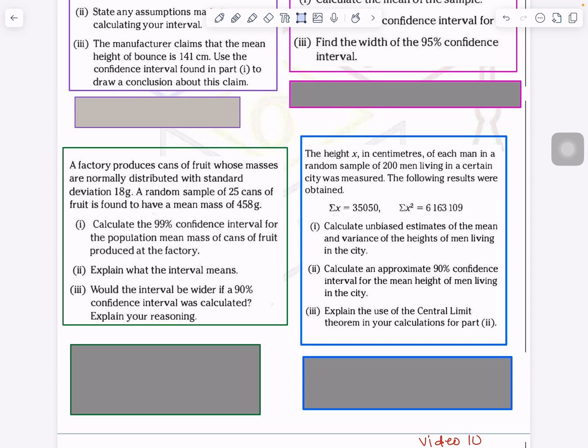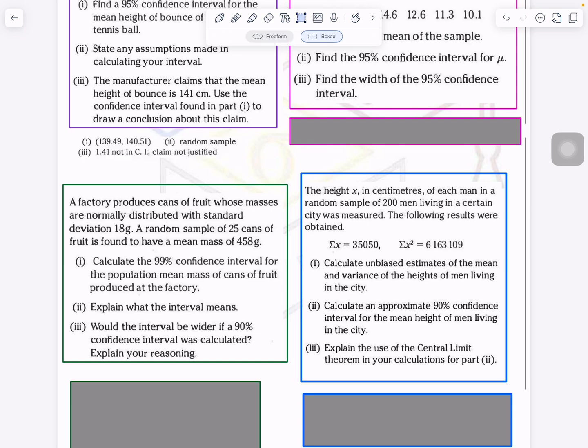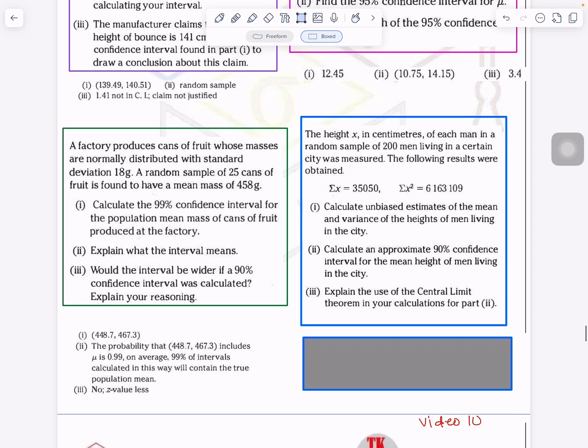I'm showing you the solution and then I'll continue with the confidence interval for the population proportion. So I'm showing you the answers now. Okay, this is not the solution, just the answer. So if you have any problem, you can ask me in the comments and I'll solve this question. But I'm sure you will be able to solve it yourself because we have seen the explanation in detail.